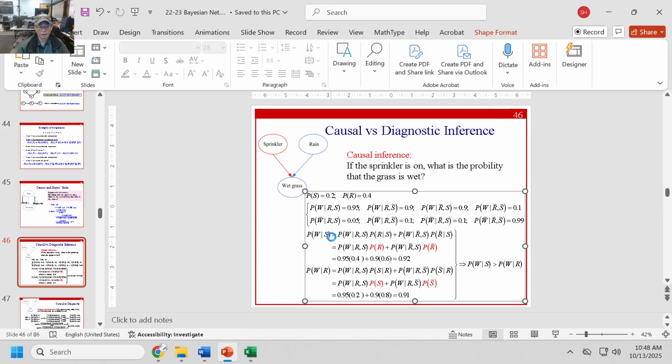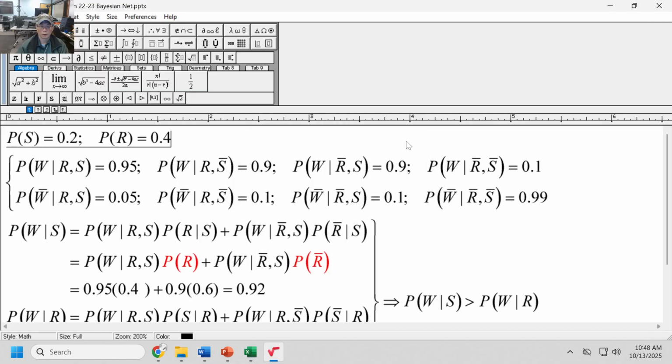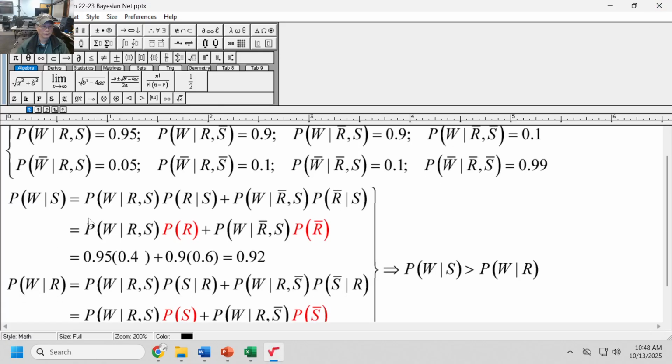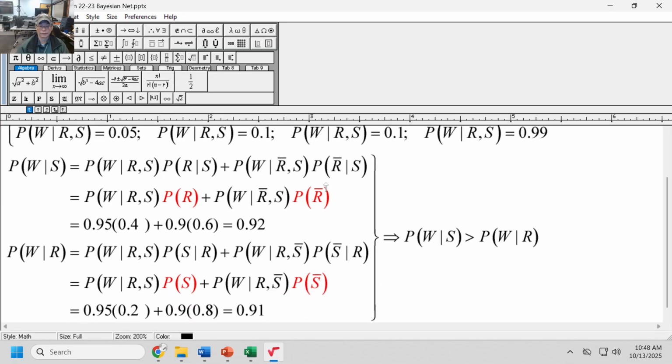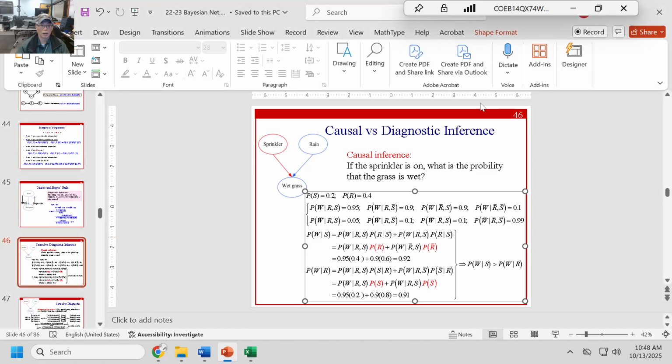Here, let me go to the equation editor. You agree with me on this equation, agree? So we can get rid of S because R has the same dependency on S. No. R and S, do they have a common parent right now?